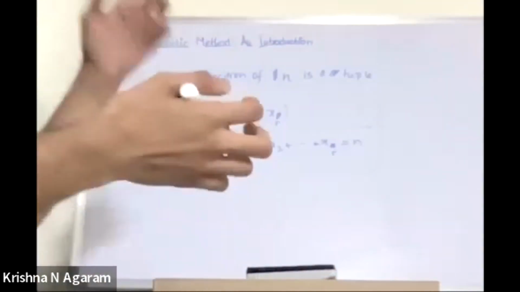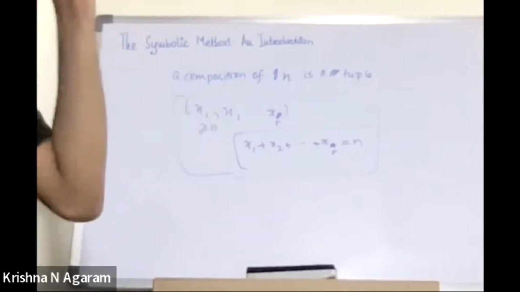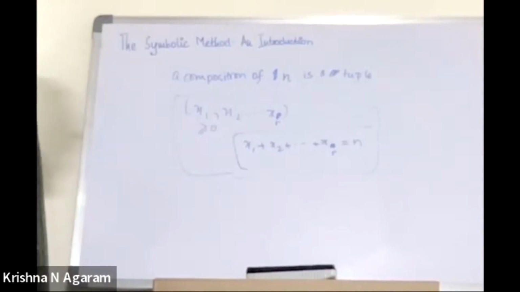I'm pretty sure most of you have seen this problem. Find the number of non-negative solutions and stuff like that. It's n plus r minus 1 choose r minus 1.